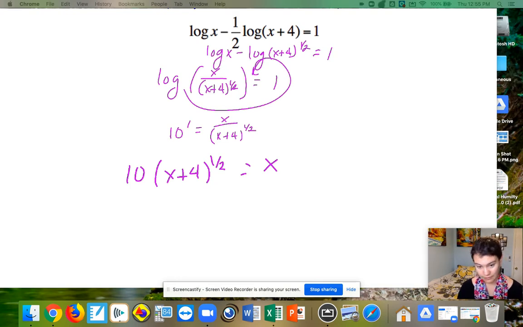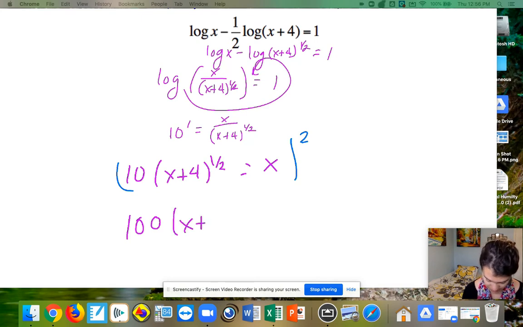At this point, I'm going to get rid of that square root. So I'm going to square everything. And then make sure when you're doing this that you distribute that square to everything. So we get 100 times (x plus 4) equals x squared.